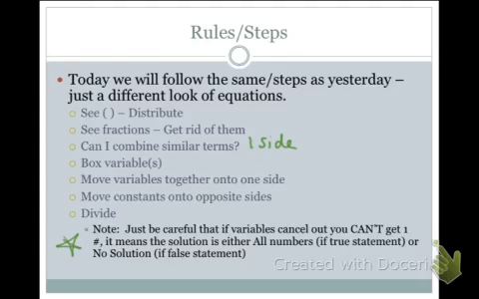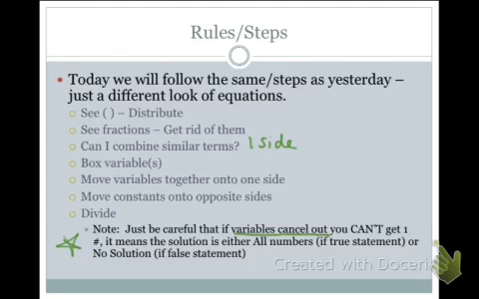Now I have an additional little note here that sometimes it could happen as you're doing examples with solving that when you get rid of your parentheses and you deal with your fractions and you combine similar terms, and if you go to move your variables together onto one side, sometimes those variables all cancel out. And if your variables all cancel out, you really have two different possibilities.